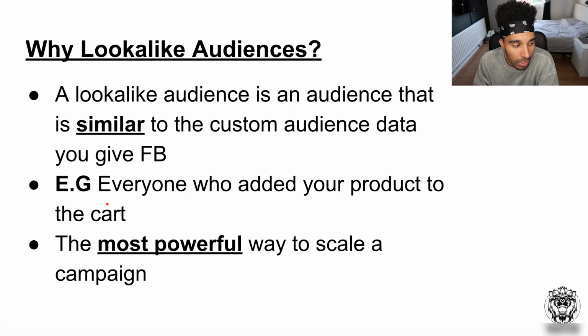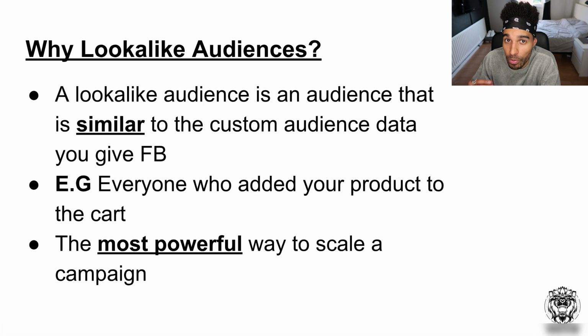So, for example, everyone who added a product to their cart, you can create a custom audience for every person who added a product to your cart. If you're selling, whatever it may be, let's just say a dog lead, and you're running traffic, you can then create a custom audience for everyone who has added that product to their cart.